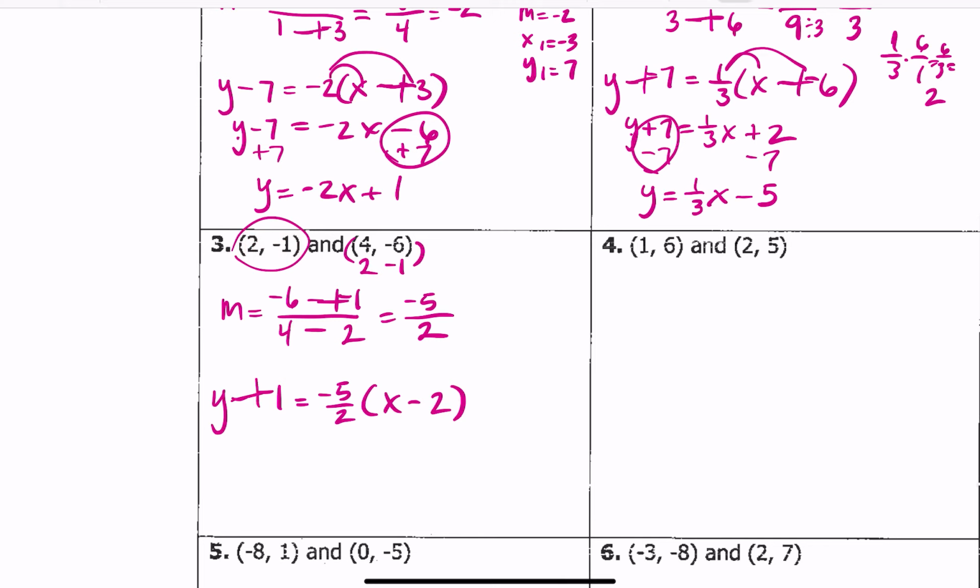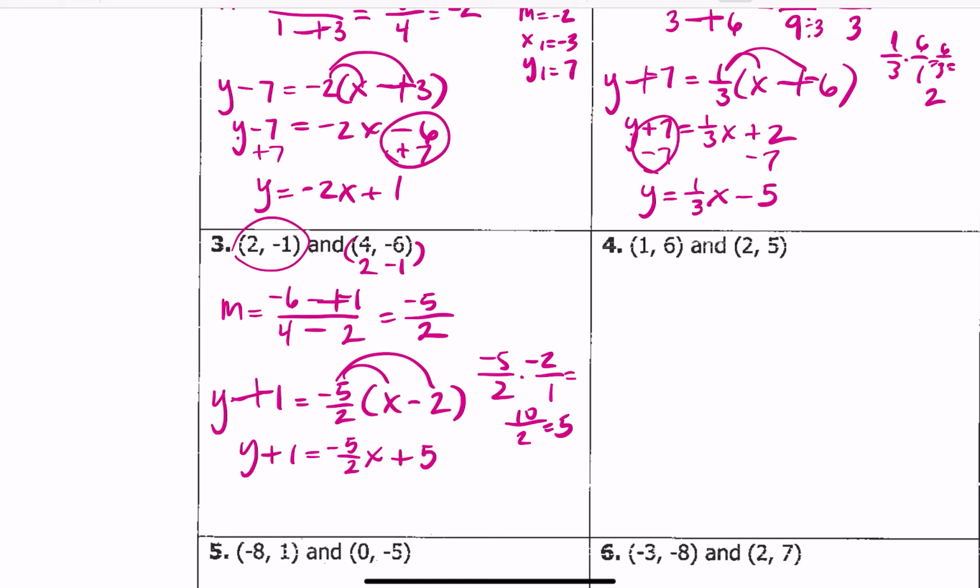Minus a negative is a plus, so it's y plus 1 equals, and then I'm going to do the distributive property on the right, negative 5 over 2x, and then when I do negative 5 over 2 times negative 2, I end up with negative 5 times negative 2 is 10 on top, 2 times 1 is 2 on the bottom, 10 over 2 is 5, so it's a positive 5, so plus 5.